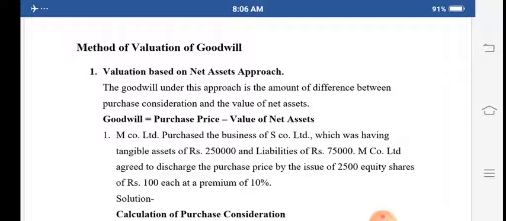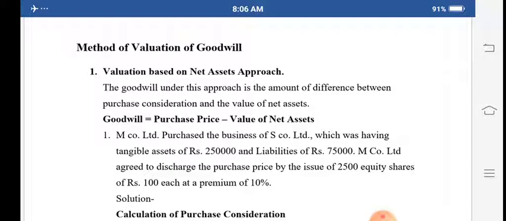They are ready to pay a premium of 10%, so we calculate 10% on this 100 and get rupees 10. So the total price of each share is rupees 110. This is the meaning of this problem.